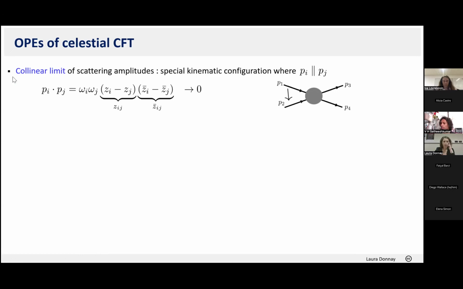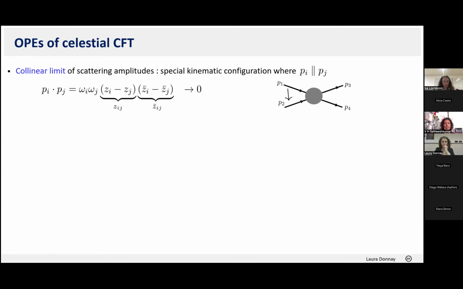In other words, their product goes to zero. This is just a fact you can check easily: the product of two massless momenta can always be written as omega_i omega_j z_ij z-bar_ij. So you can see that the collinear limit can be implemented by z_ij going to zero.